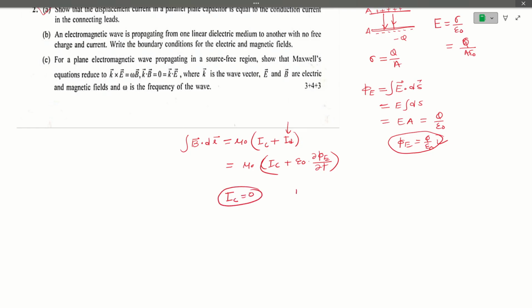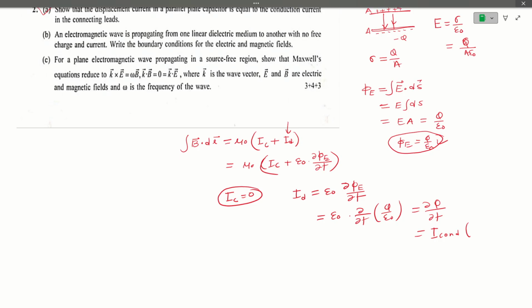Therefore I D is defined as epsilon naught times del phi E divided by del t, equals epsilon naught times del by del t of q by epsilon naught. Epsilon naught is constant here, so basically we get del q by del t, which is the conduction current through the connecting leads.